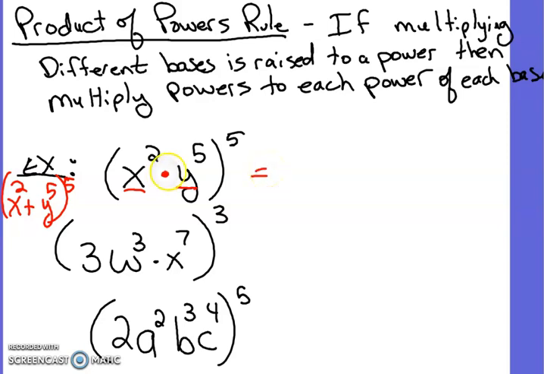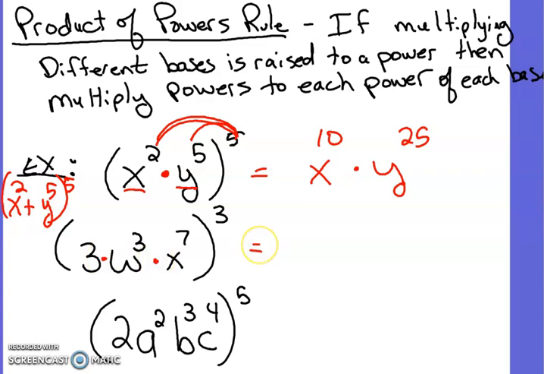What you're going to do, if you're multiplying, then you're going to do the power rule to each item inside of there. The base doesn't change. So you're literally going to just multiply those powers to each of them. Again, only if you're multiplying inside, not adding, not subtracting, only if you're multiplying inside. So again, am I multiplying inside? Yes, I am.